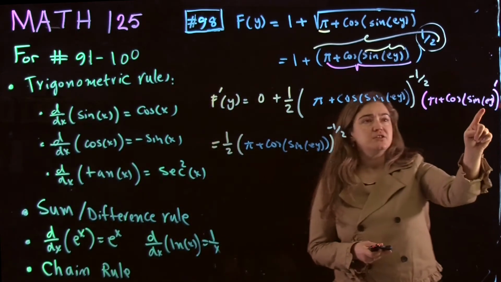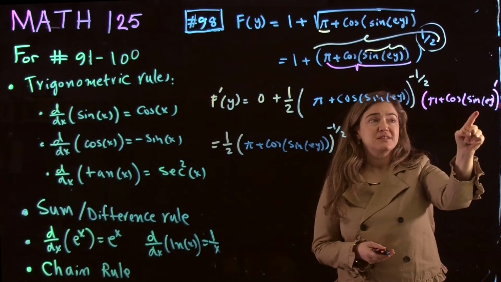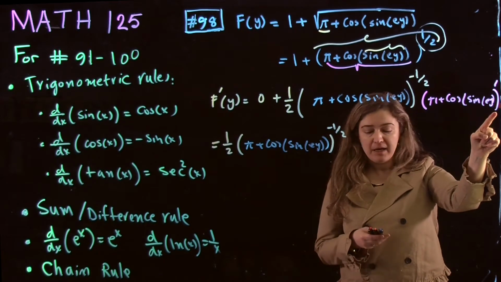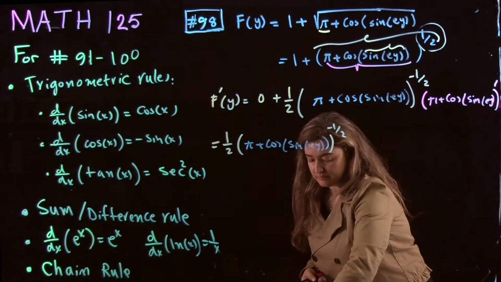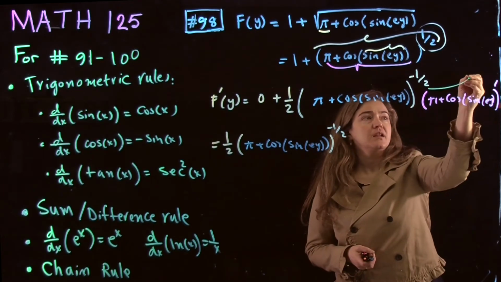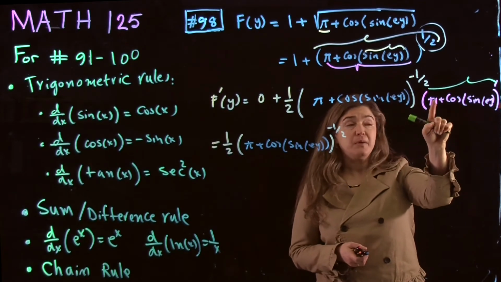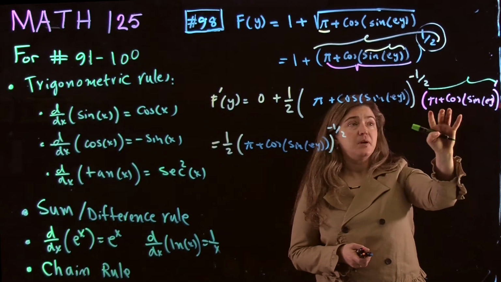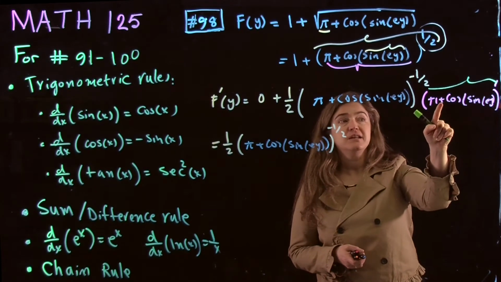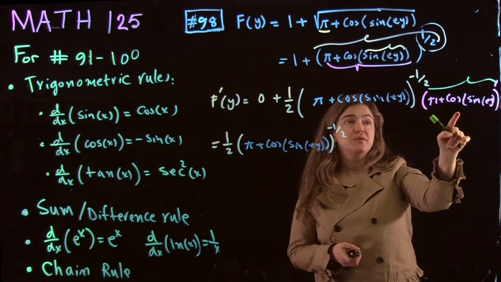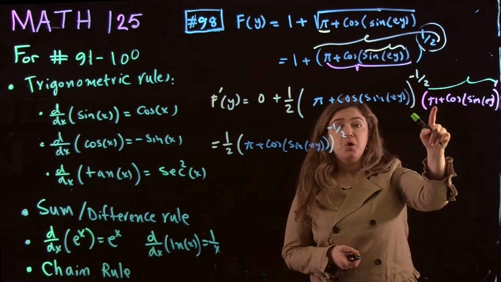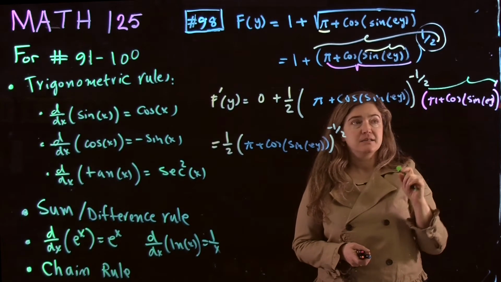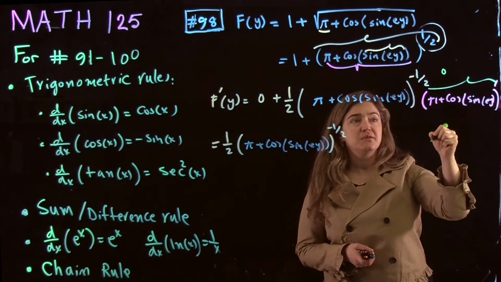Now let's take the derivative of pi plus cosine of sine of ey. There's a plus between them, two terms, so the sum rule. The derivative of the first one, pi, is a constant, so that's going to be 0.